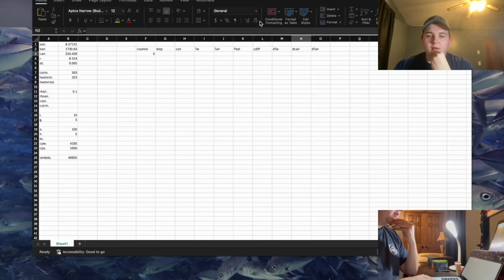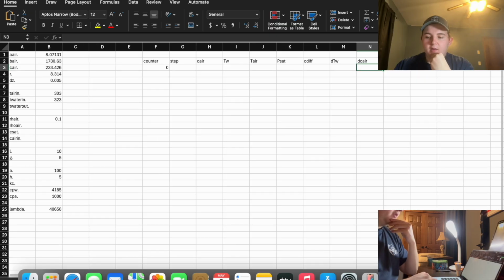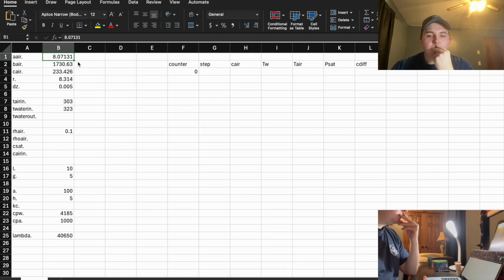So here's Excel I set up. I already added our constants and just kind of an outline so I don't get lost, because I've been getting lost easily. So here we have our constants up here, like our A air, B air, C air that were given. And then we have our constant R, our DZ, which is the height of our tower. Air in, water out, which we'll need to solve for these that are empty.